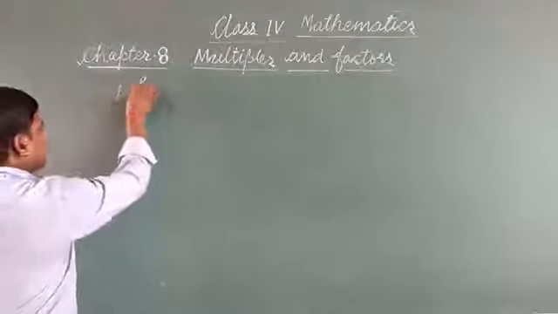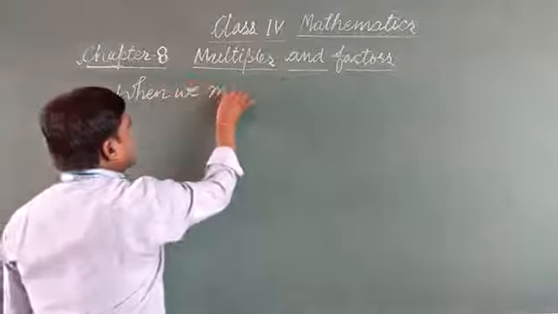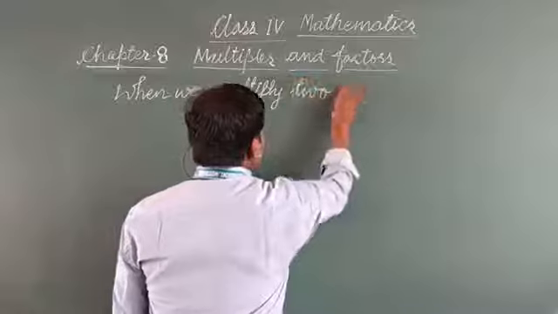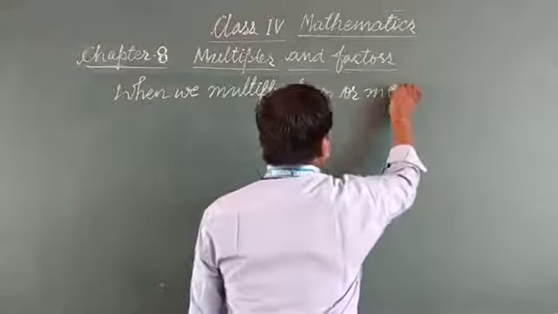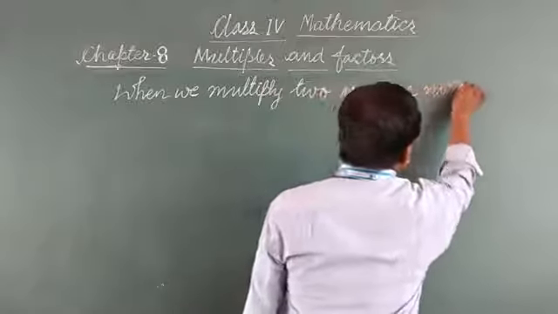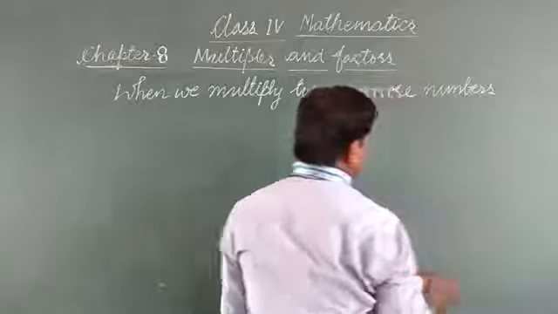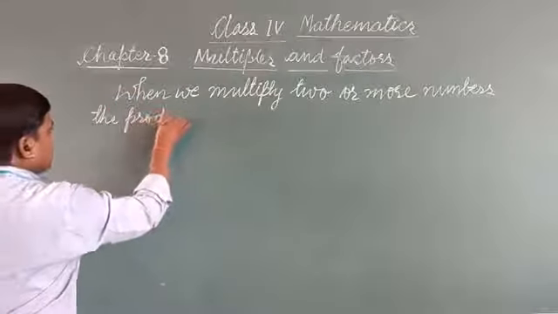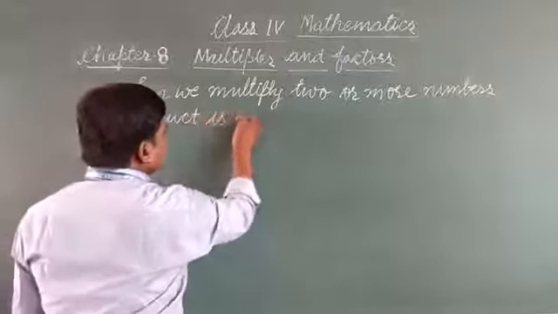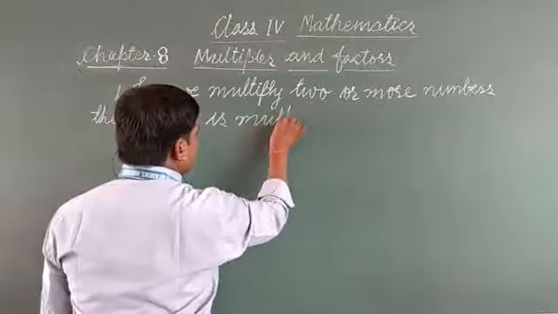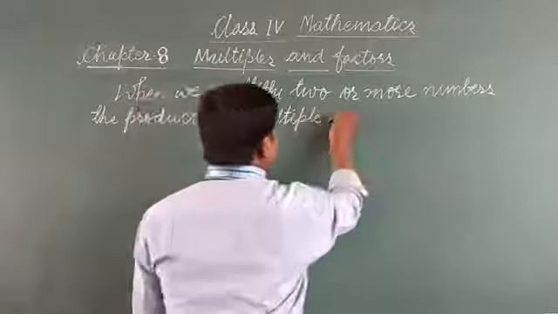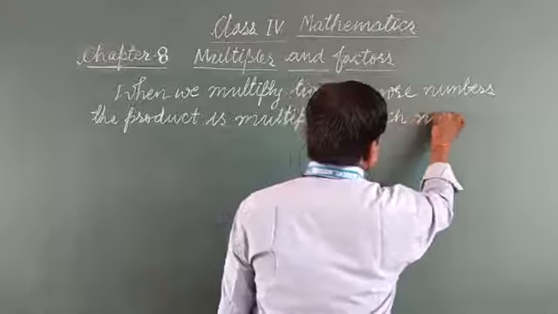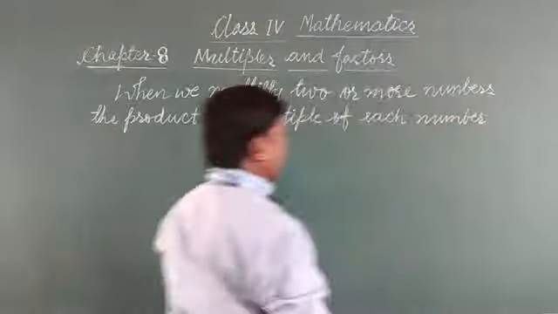Means when we multiply two or more numbers, the product is a multiple of each number multiplied.